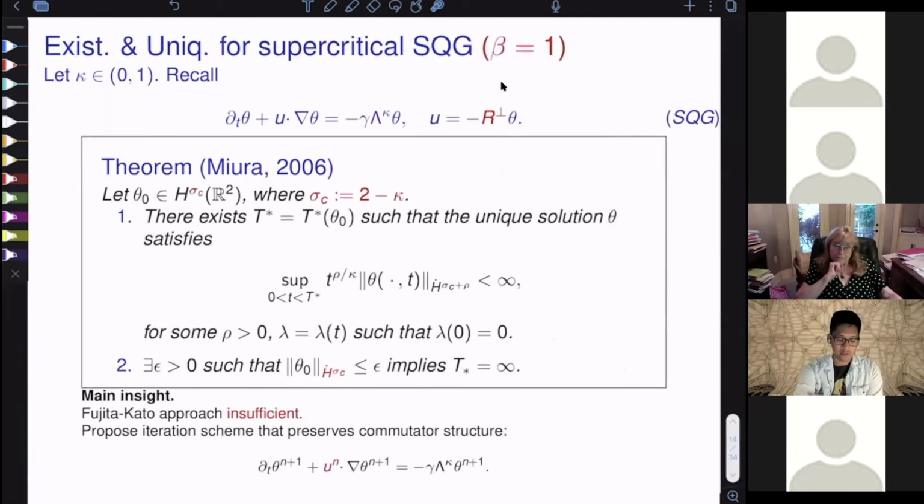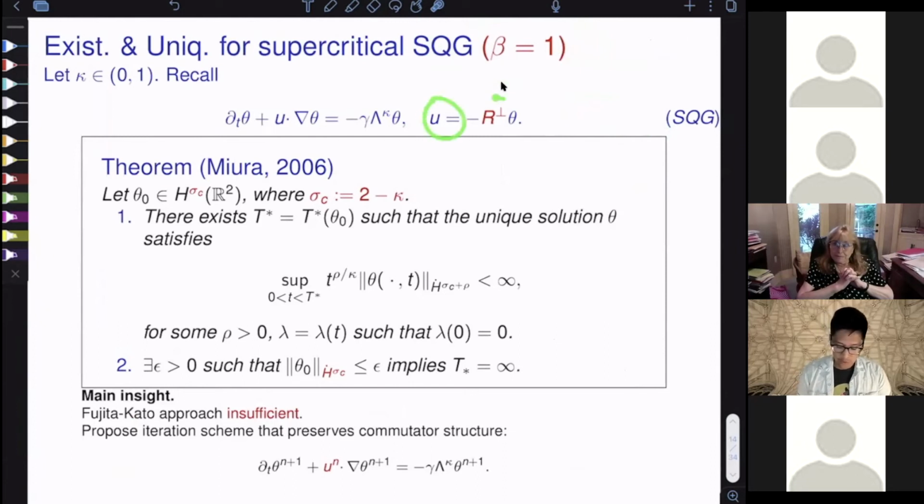The first such result for the supercritically dissipative SQG equations, so this is in particular the case beta equals 1, is, if you remember the graph of kappa and beta, this line right here.